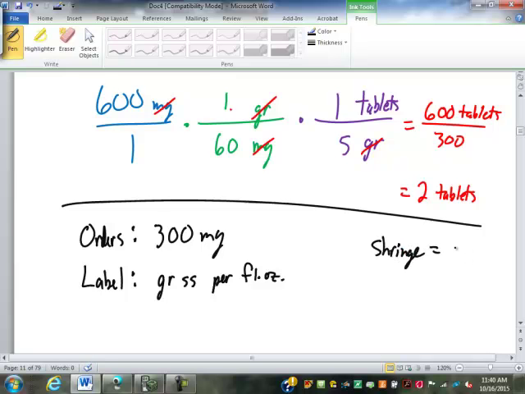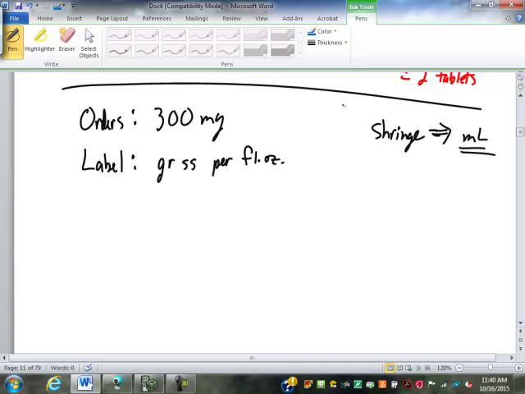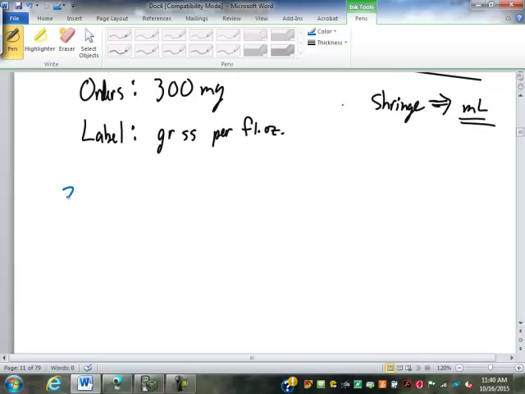And the syringes that are available all measure in milliliters. So we need to know how many milliliters. This one may be just a little bit cruel, but very practical, very possible.